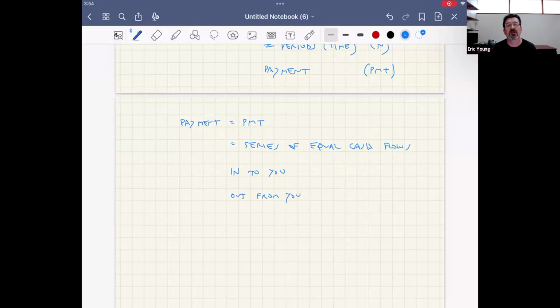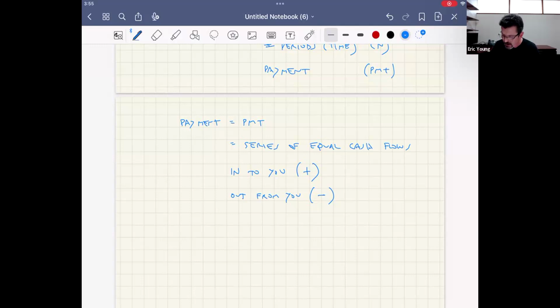What we do to differentiate this in finance, any money that flows into you, we indicate with a positive sign. And any money that flows out from you, we indicate with a negative sign. Okay? So when you see a positive sign or a negative sign on these things that we're going to do right now, it just is telling you, is the money flowing out from you or into you? Okay?